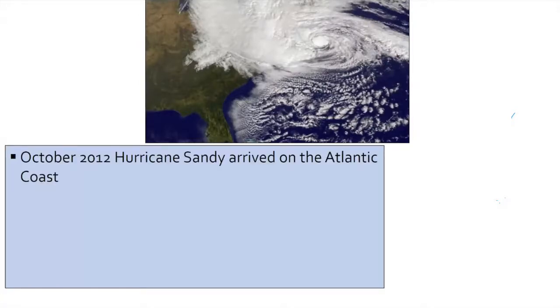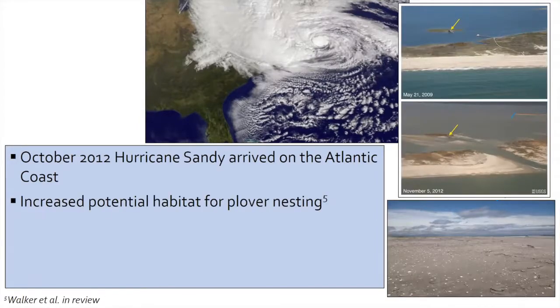So one particular disturbance event that occurred along the Atlantic coast was Hurricane Sandy, which made landfall in October 2012. And Hurricane Sandy resulted in an increased potential habitat for these nesting plovers. As you can see here, the result of overwashes and island breaches, such as this area here, increased the amount of this early successional habitat.